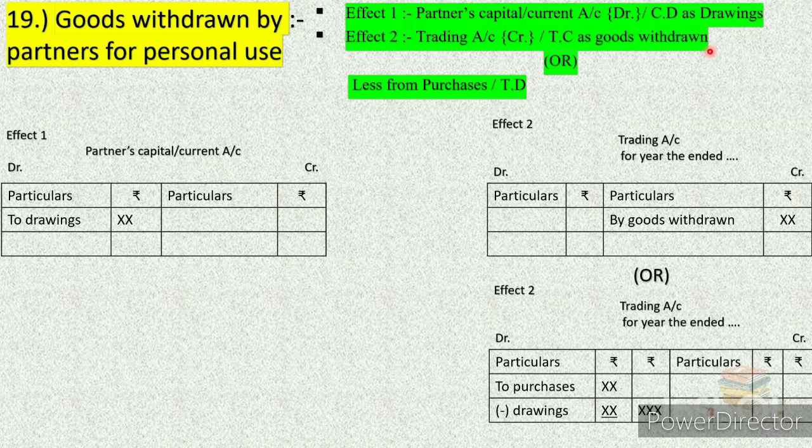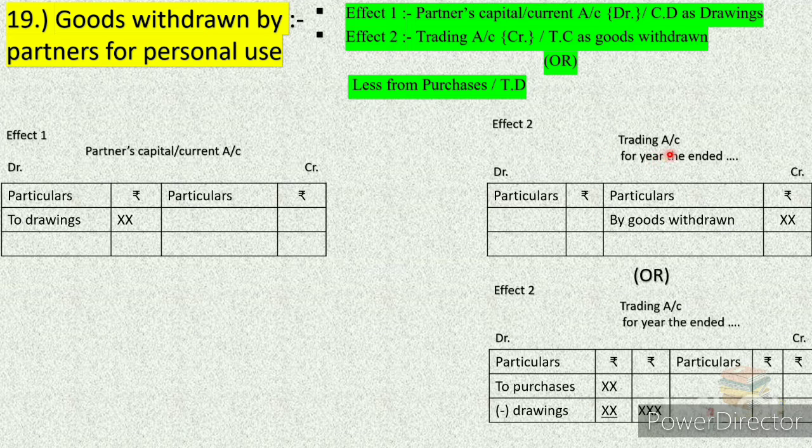Suppose A is withdrawing, so goods withdrawn by A. Or we can also write it as we can deduct the amount of goods withdrawn from purchases in trading account credit side. So in tabular view, I think it will be very clear. In partner's current and capital account, to drawings, below the name of the particular partner.